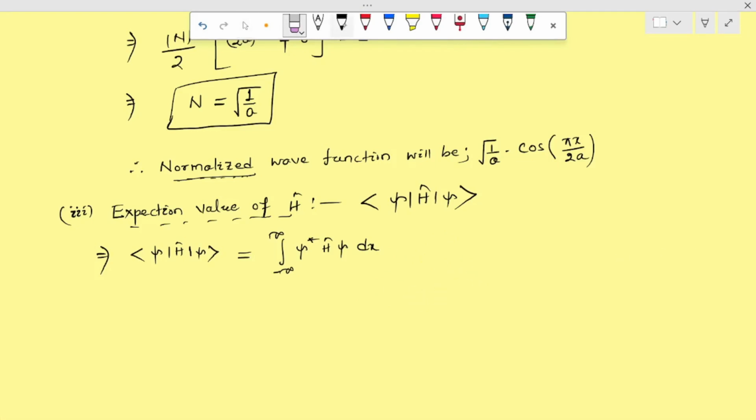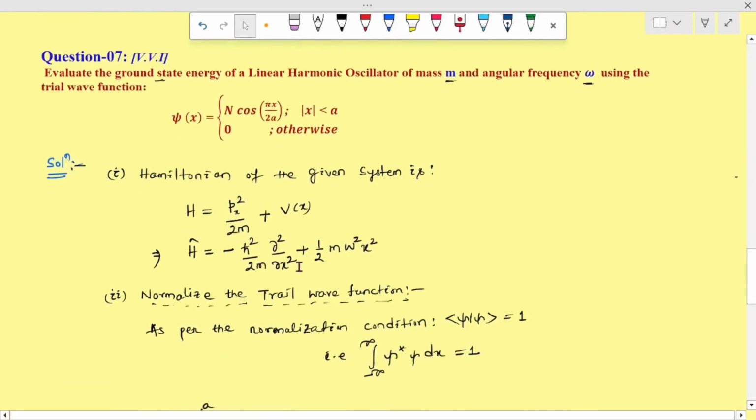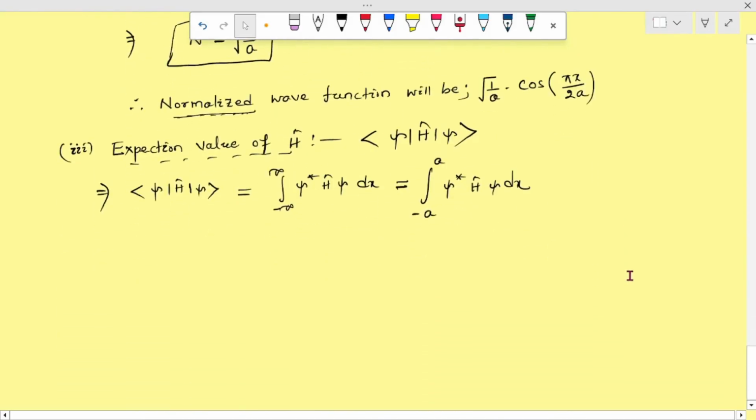Or this integration limit as per the question will be written as minus a to a psi star h cap psi dx. Here the h cap value we have to put is minus h cut square by 2m del square by del x square plus half m omega square x square, and we are going to calculate the expectation value of Hamiltonian.